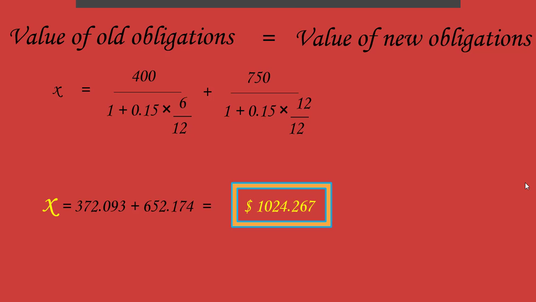So X equals 400 over 1 plus 15% times 6 over 12, plus 750 over 1 plus 15% times 1. So X equals 1024.267.